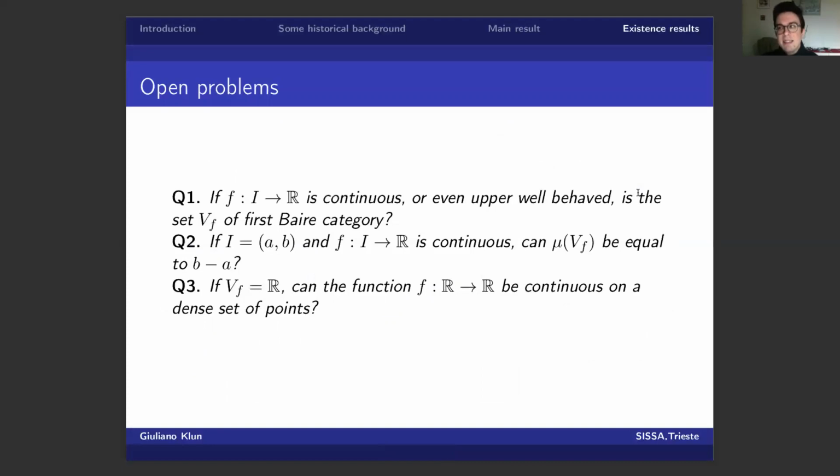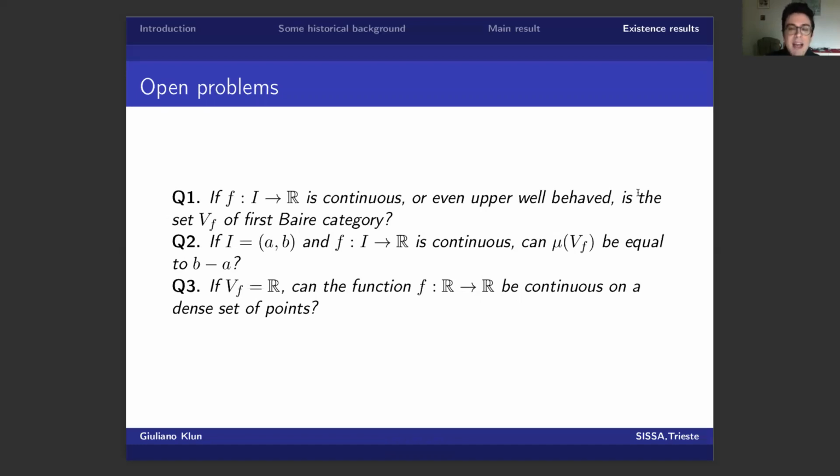Namely, in the example by Denjoy that is made over the interval [0,1], he constructed the function over a Cantor set or a Smith-Volterra Cantor set, namely a totally disconnected closed set.